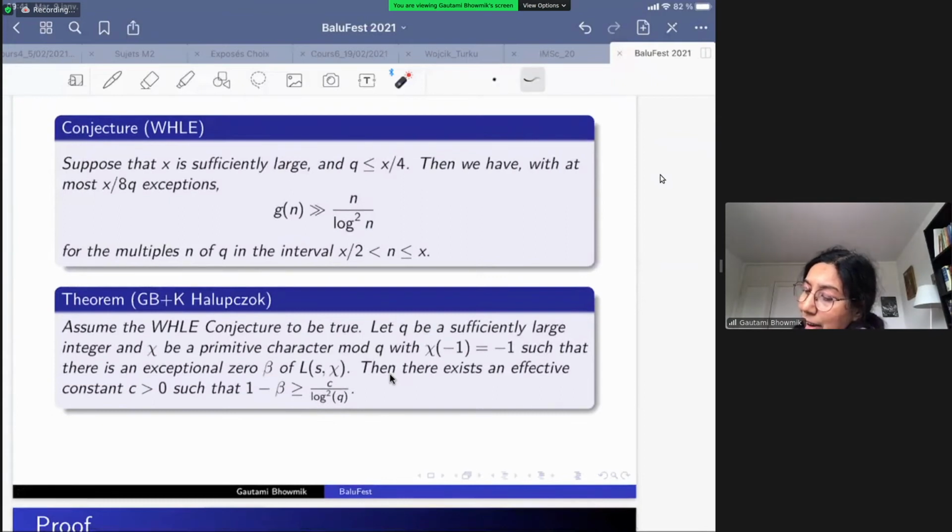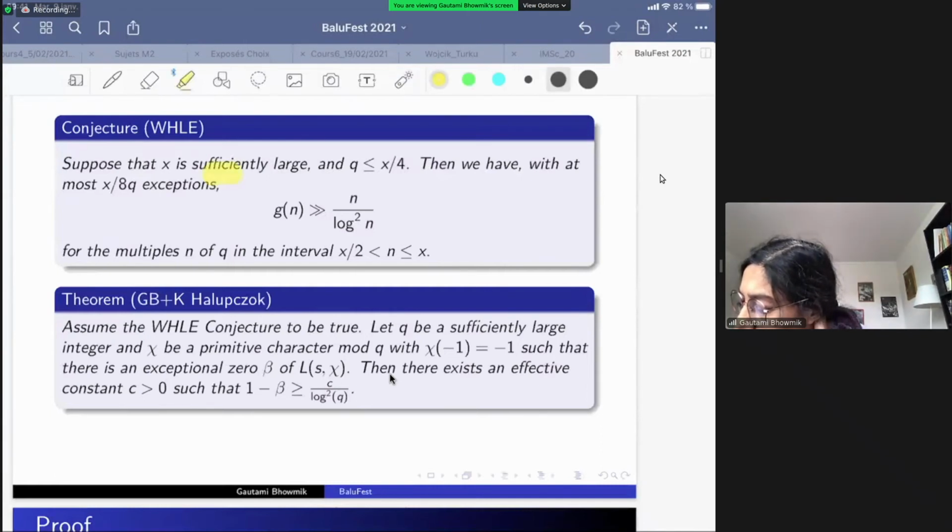And we make a conjecture that x is large. How large? We will see. And q is greater than x by 4. Then we admit some exceptions. This is similar to what I have shown you before, that you take GRH and then you say that it's true except for some exceptions.